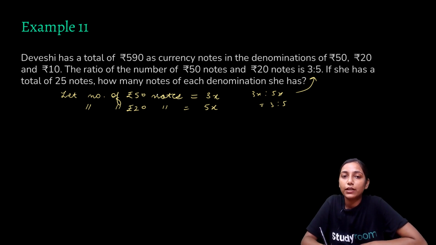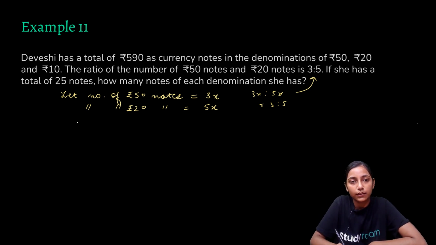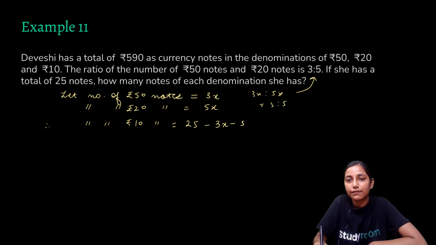Now if the number of 50 notes is 3x and the number of 20 rupees notes is 5x, and she has a total of 25 notes, then the number of rupees 10 notes is going to be 25 minus 3x minus 5x.